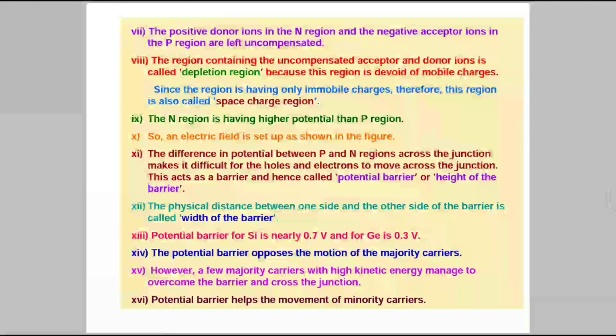When the positive donor ions in the N region and the negative acceptor ions in the P region are left uncompensated, the region containing the uncompensated acceptor and donor ions is called the depletion region, because this region is devoid of mobile charges.